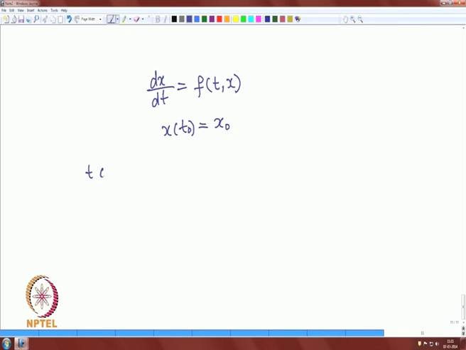For each time point, say t0 to t1 is a time interval, x of t is in Rn and f is from R cross Rn to Rn.